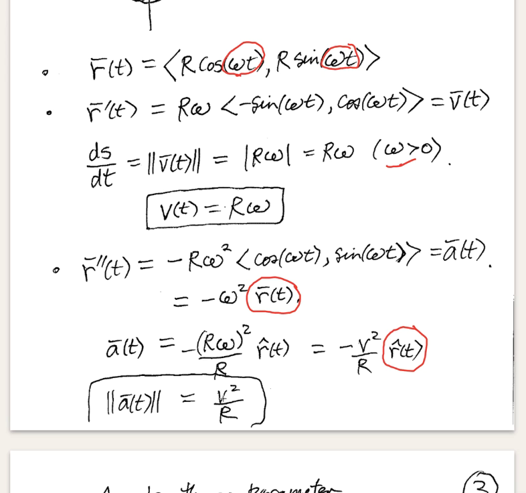Okay, let's look at the magnitude of the acceleration. That's going to be a constant also. It's going to be what? The speed squared divided by the radius r. Speed squared divided by r. Do you remember something called centripetal force? What is force? Mass times acceleration, right? Now I'm going to write it as a vector.